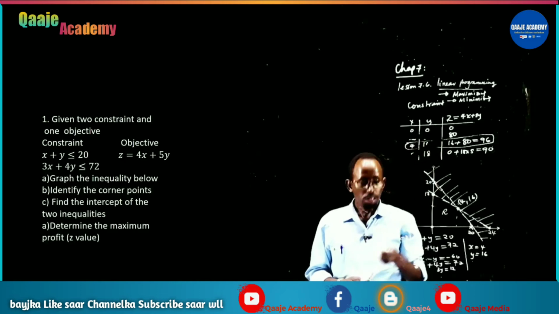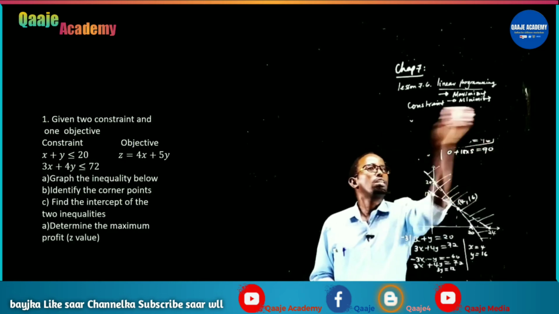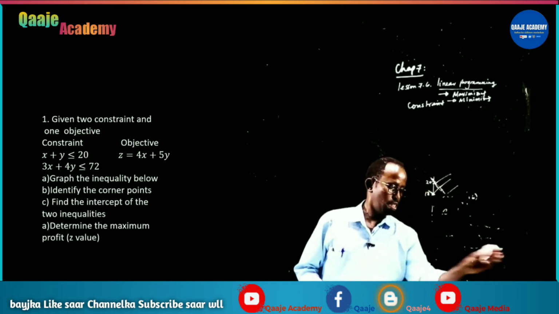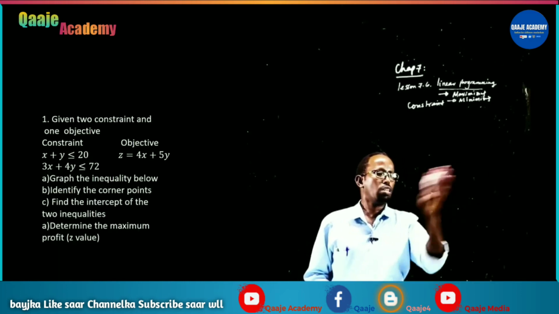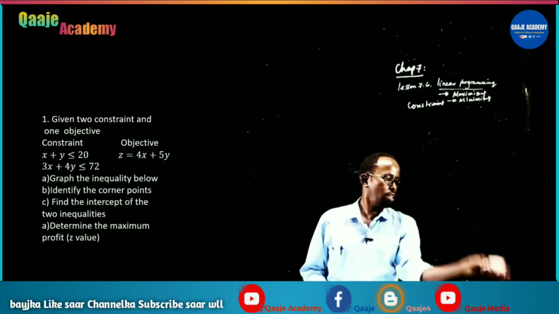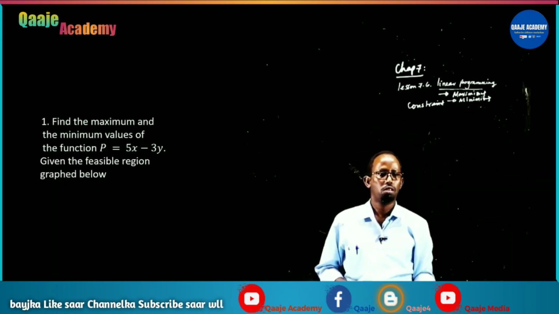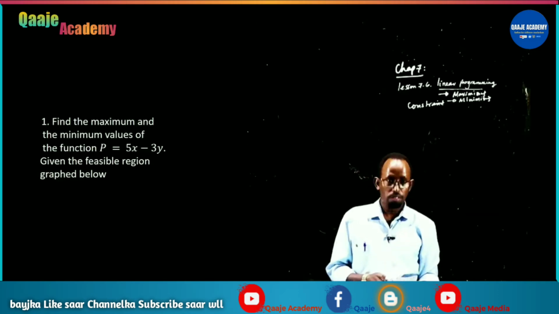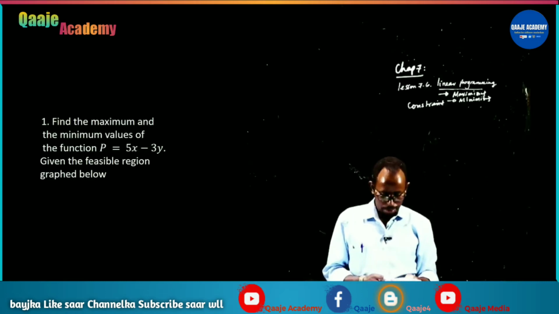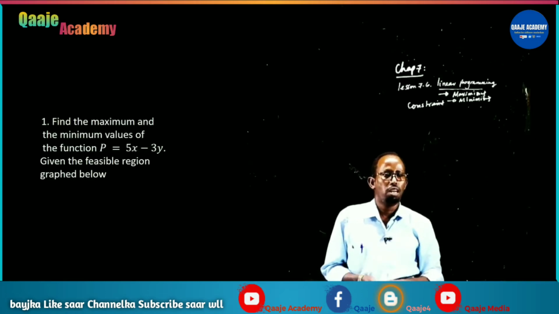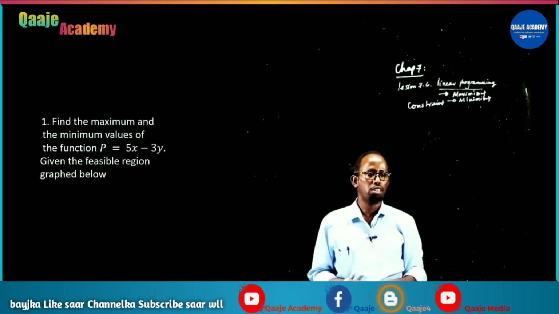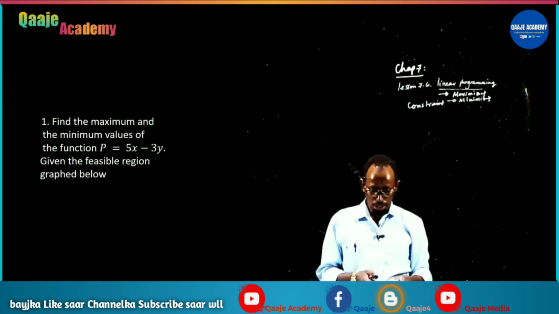Question number 2. Find the maximum and minimum values of the profit P, 5x minus 3y, given the feasible region.